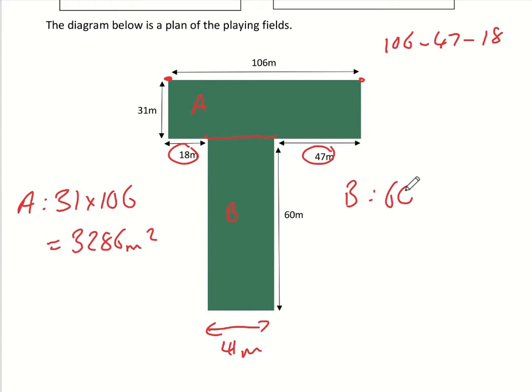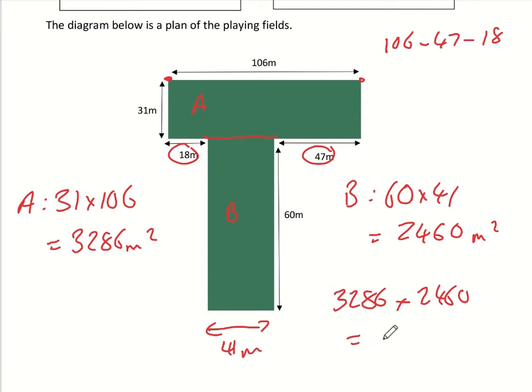So the calculation is 60 multiplied by 41, and 60 times 41 is 2,460 square metres. So therefore the total area is going to be 3286 plus the 2460, and that comes to 5746 square metres.